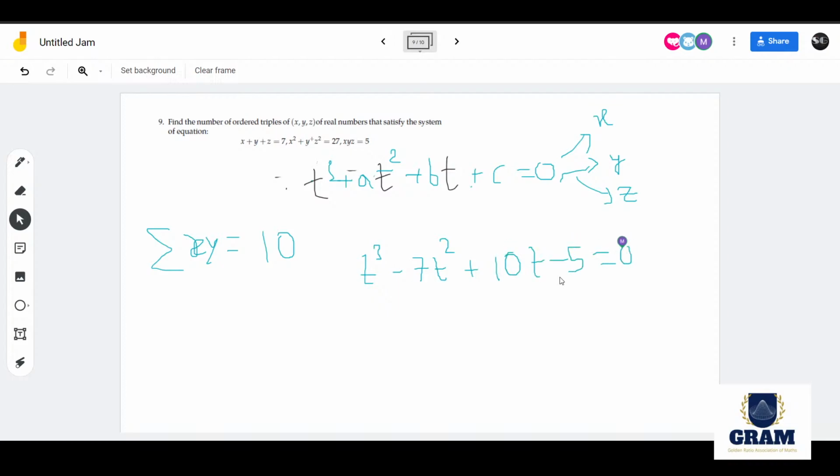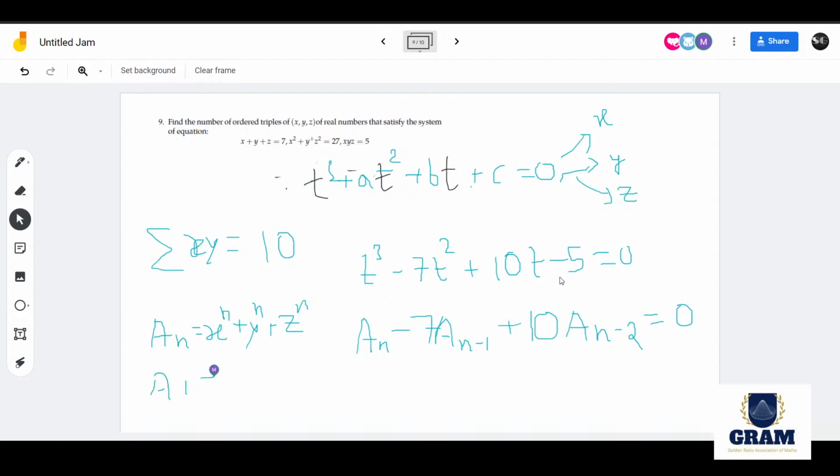So this is the equation we've got, and by Newton's sums we can conclude that a_n is actually just, so we know a1 is 7, then a2 is 27, I guess, and similarly we can find a3.